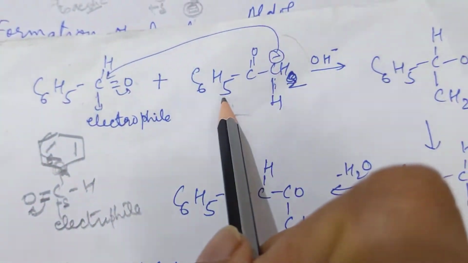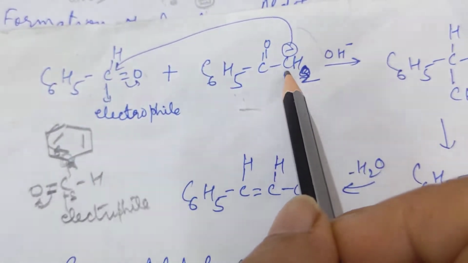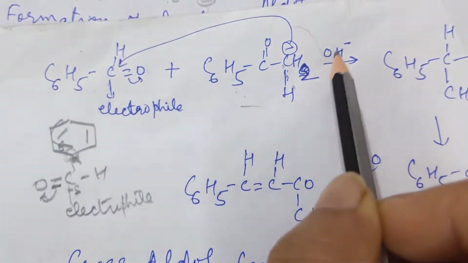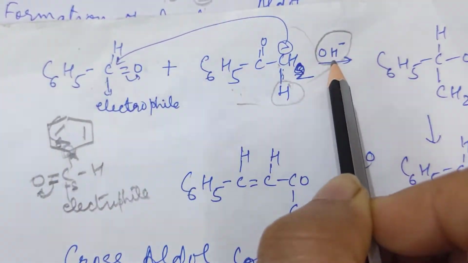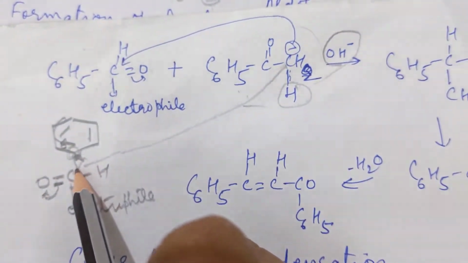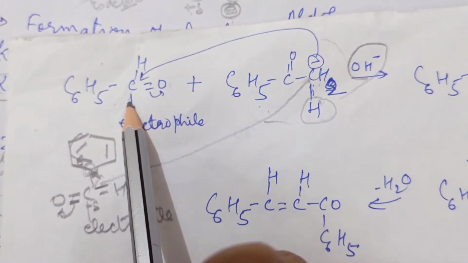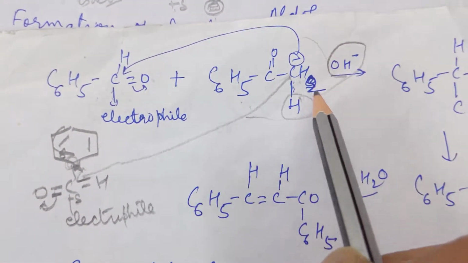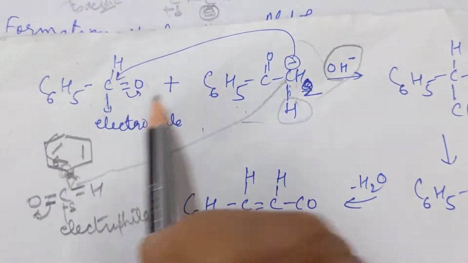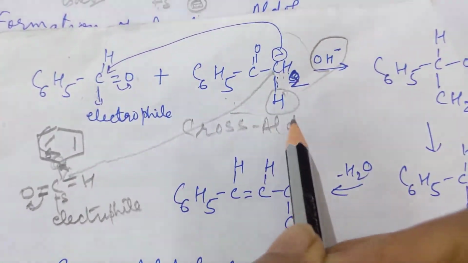Another molecule which is having an alpha carbon can lose this alpha hydrogen to OH ions and this nucleophile will attack here. Now one is not having any alpha hydrogen, one is having alpha hydrogen, so this type of condensation is known as cross aldol condensation.